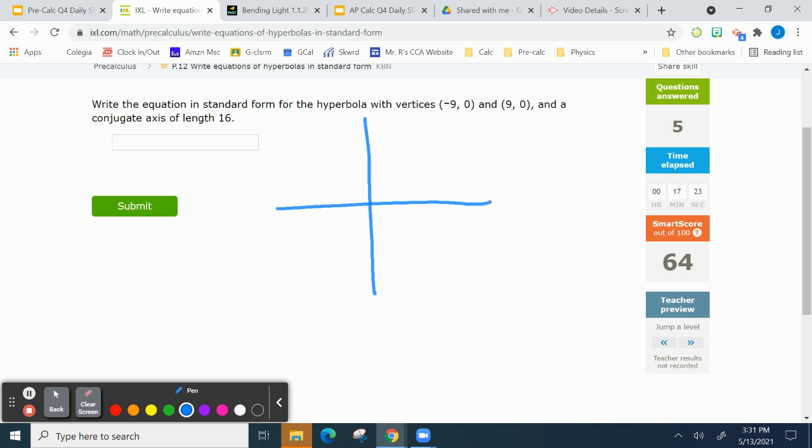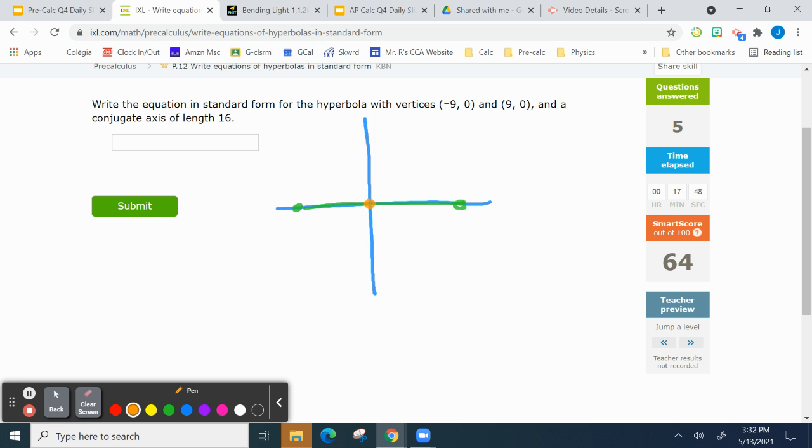No, this is a horizontal one. It's not crazy similar, and I'm not going to do the whole thing. I know I keep saying that and I do it, but whatever. So -9, 0 and 9, 0. So there is your major, it's not the major axis, I can't remember. Whatever. But the center between those two is 0, 0, right?